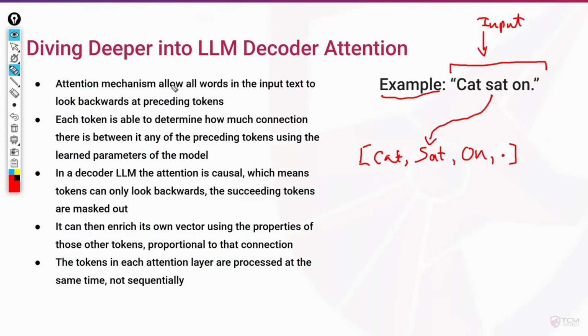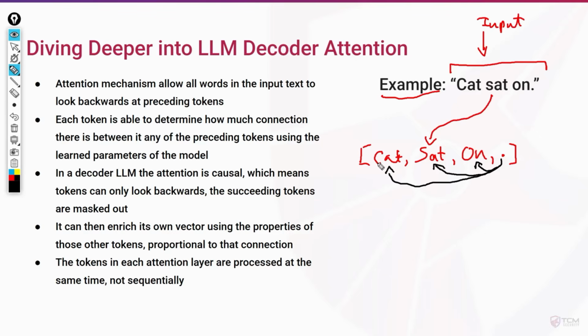And the attention mechanism is, again, what allows all of the words in the input text to look backwards at the preceding tokens. So for example, if we do the period here, in black, this could then actually look back at all of the preceding ones. So it can look at all of these.